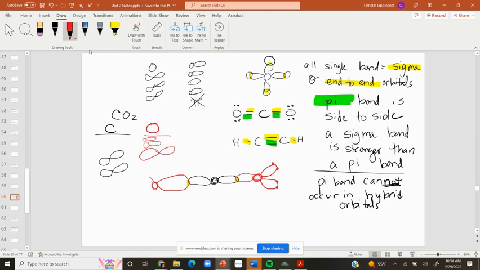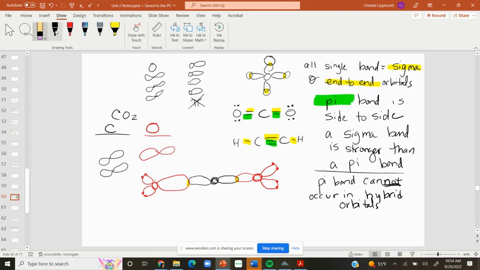Now I'm going to draw this one in and this guy, and I'm going to put those lone pairs of electrons in. And that gets rid of these two there. So I've got all of those drawn in now. I've got these lone pairs of electrons drawn in. I've got my sigma bonds drawn in where they're end to end.